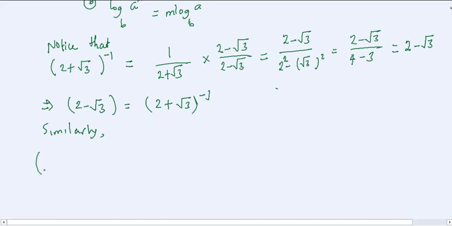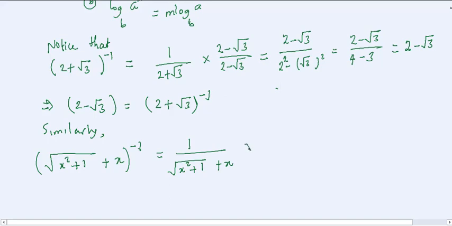I have root x squared plus 1 plus x raised to the power of minus 1. Of course, this will also be 1 over root x squared plus 1 plus x. So I rationalize again by multiplying both numerator and denominator by its conjugate.